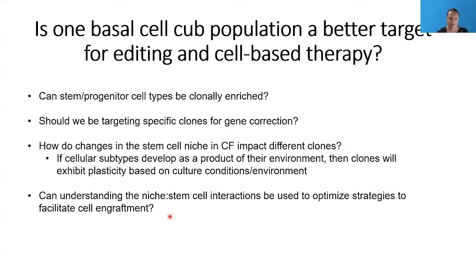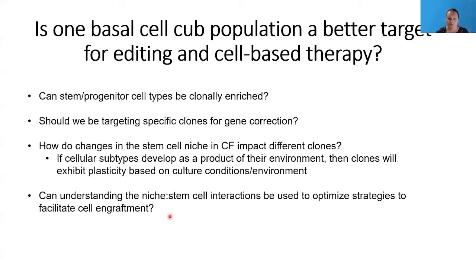And if cellular subtypes develop as a product of their environment, then clones will or should exhibit plasticity based on the culture conditions and the environment. And this information could be used to both manipulate the in vivo environment to be more conducive and receptive to maintaining stemness of the autologously transplanted cells.